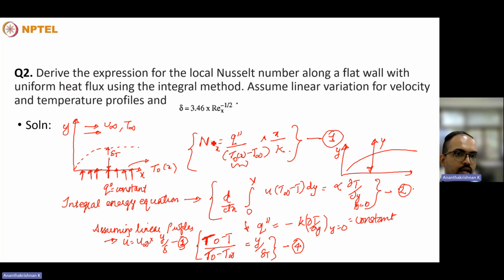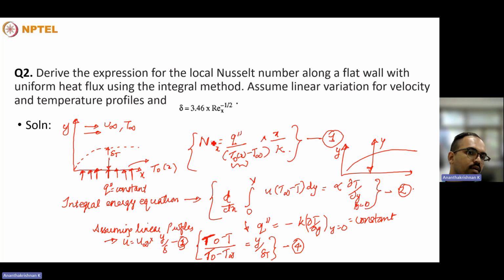As with every other thermal boundary layer problem, the thermal boundary layer can be very much bigger or very much smaller than the hydrodynamic boundary layer. That corresponds to Prandtl number greater than 1, when the hydrodynamic boundary layer will be significantly high, or Prandtl number very much less than 1, that is hydrodynamic boundary layer very much smaller than the thermal boundary layer.